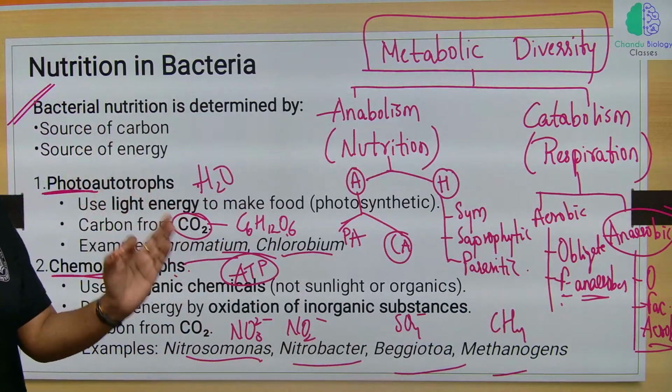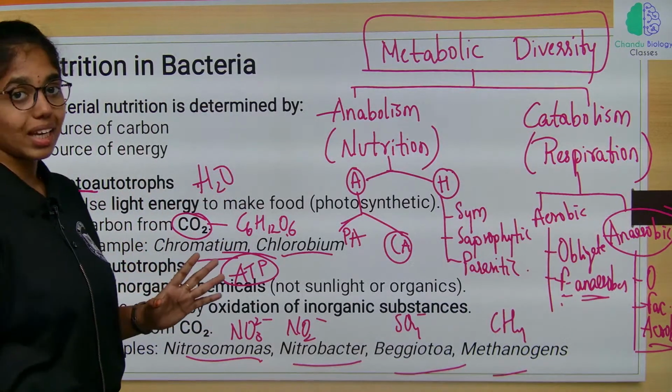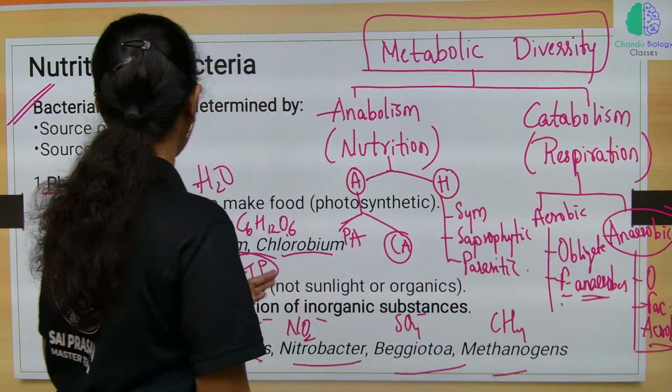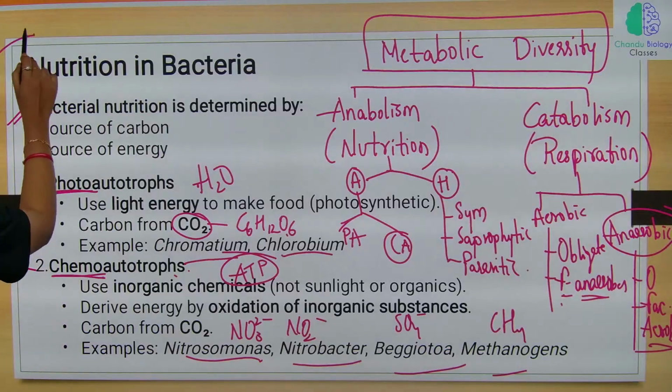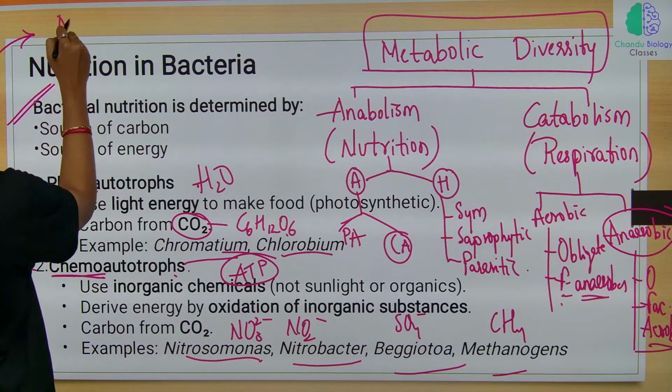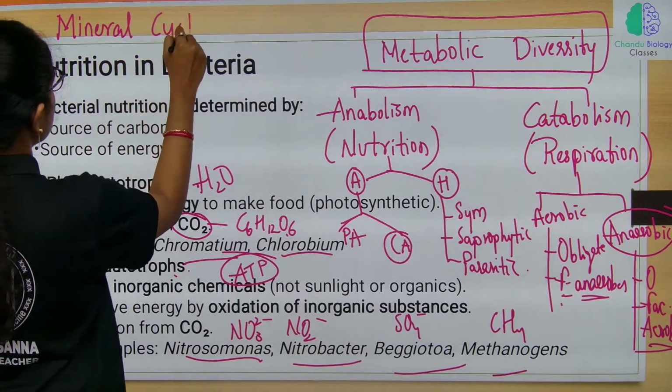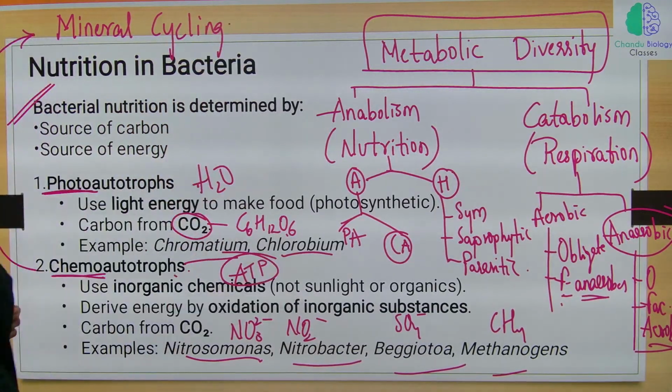One added advantage of chemoautotrophic nutrition is it plays a major role in mineral cycling. Clear, right? So this is all about the metabolic diversity. First we have nutrition in bacteria. Of them, photoautotrophic and chemoautotrophic is clear to us, right?